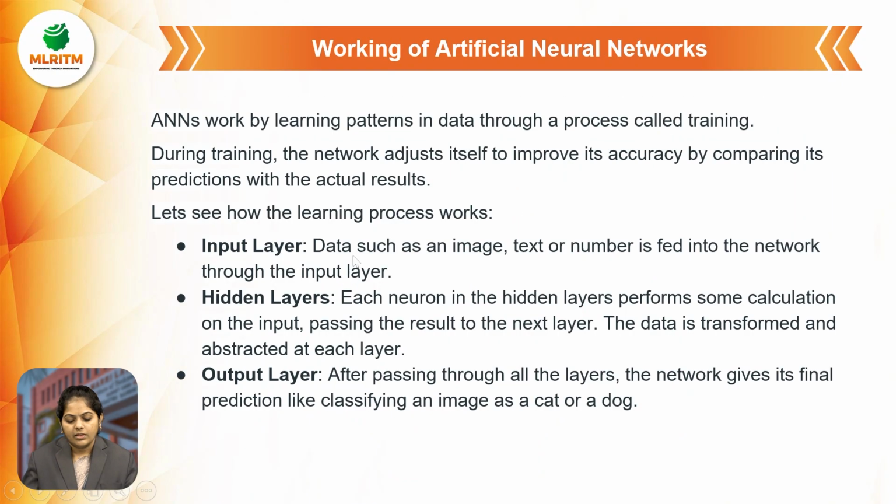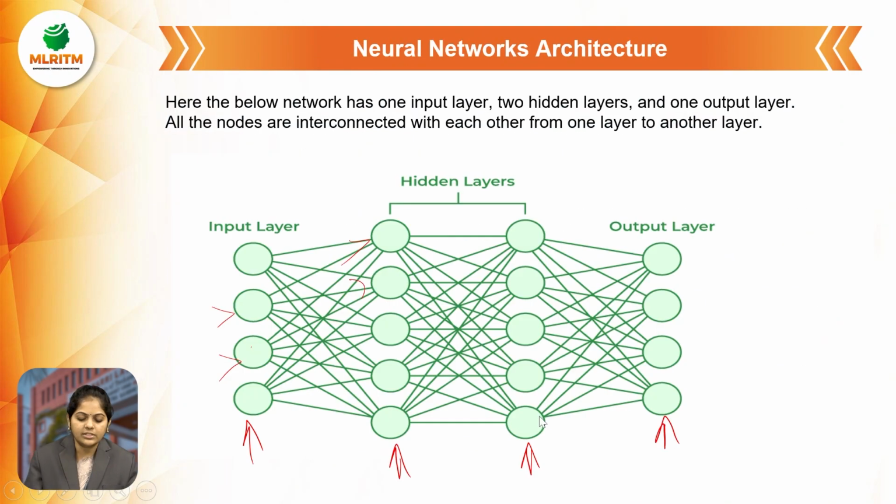Now the output layer. After passing through all the layers, the network will give its final prediction, like classifying an image as a cat or dog. So the input layer will give the data, and the hidden layer will perform all the tasks and generate some prediction, and that prediction will get transferred to the output layer.